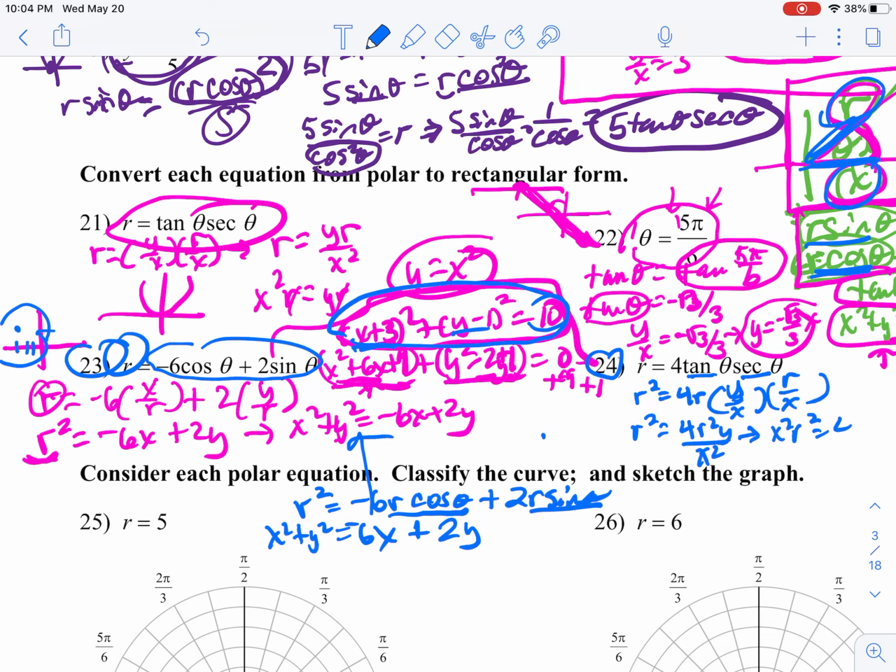So that gives me x squared r squared equals 4y r squared when I multiply over here. The r squareds cancel, and so I get y is equal to x squared divided by 4. And so if I took time to type this into my calculator, I would get a parabola with a compression of 1/4. Sorry, it's kind of messy, but again, you can see the answers on your answer sheet.